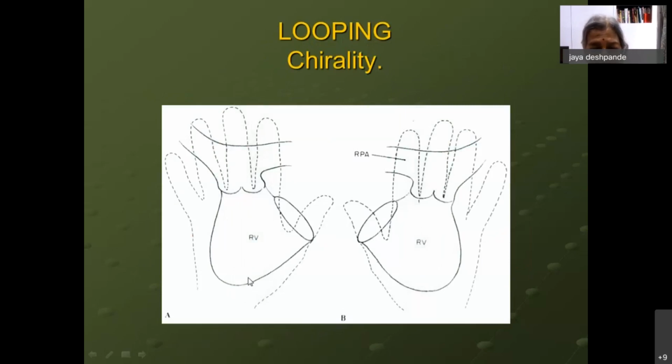In a normal right ventricle, if you put your right hand in the region of the septum, your inflow will come into the atrioventricular valve, and the thumb and the fingers will go into the outflow part of the ventricle. However, when there is a problem, you can also have a left-hand pattern.